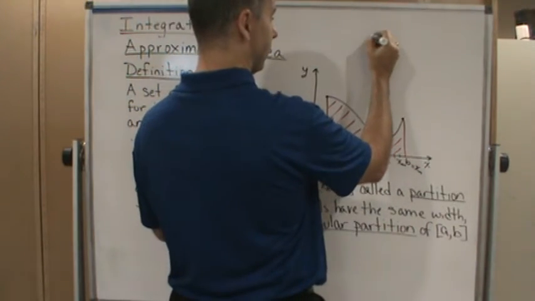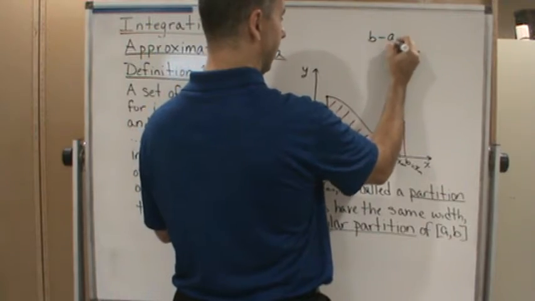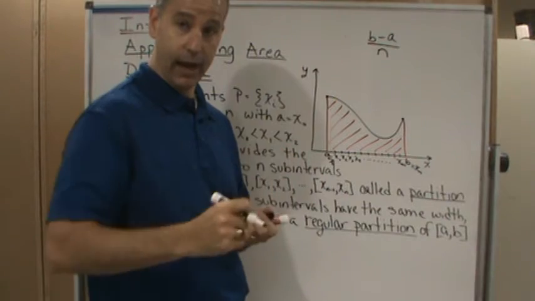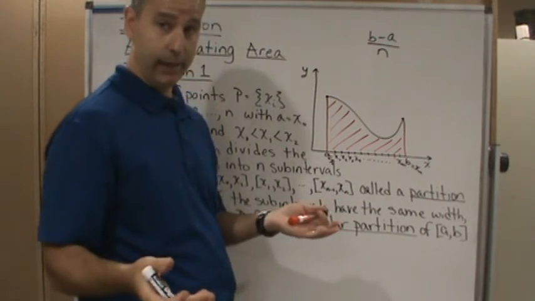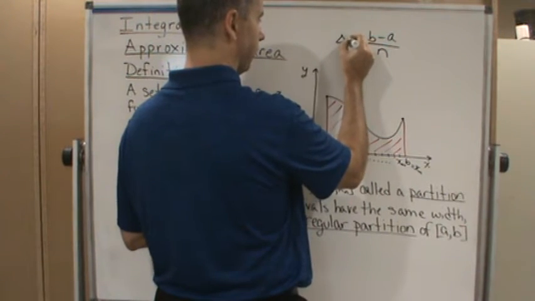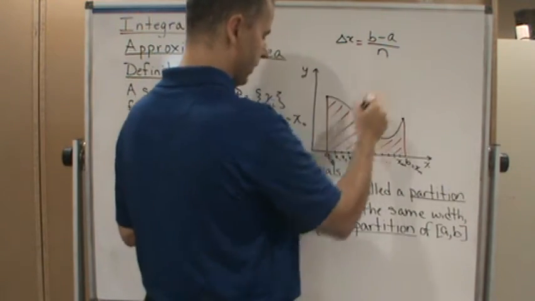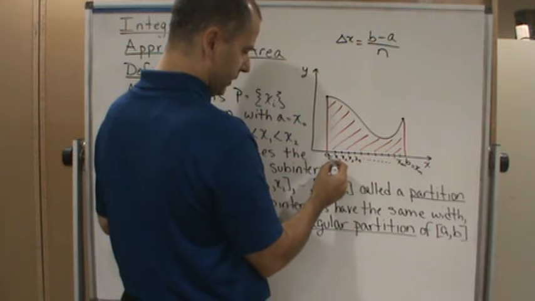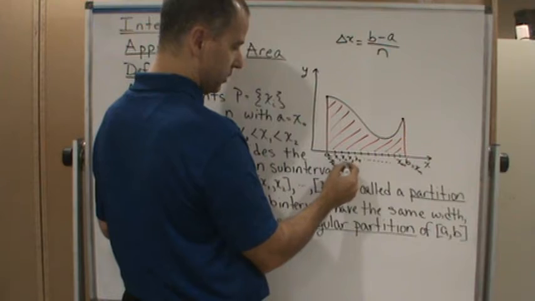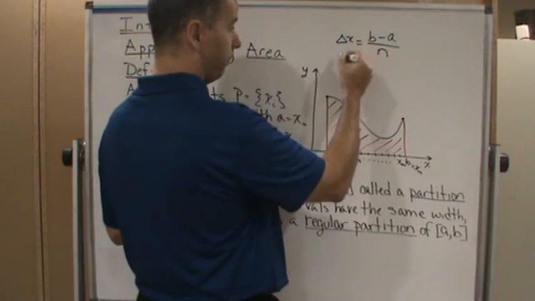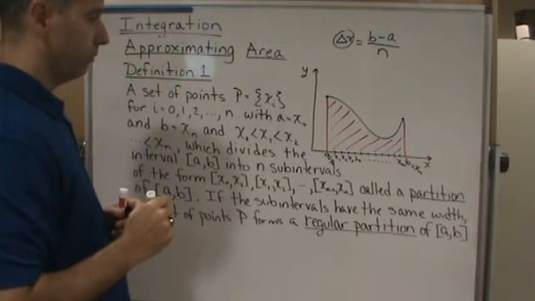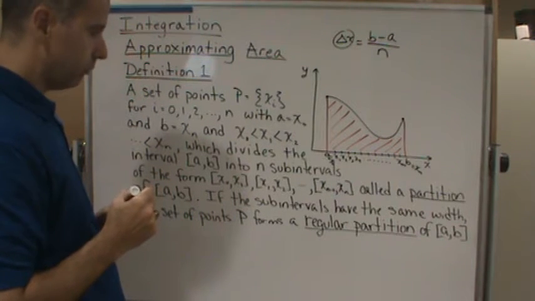So we get b minus a divided by n. That's how we subdivide any range. Now this we give a notation. This is called delta x. So in this case, each one of these distances, the distance from x0 to x1, x1 to x2, x2 to x3, and so on, will be delta x, okay? So that's important to know.